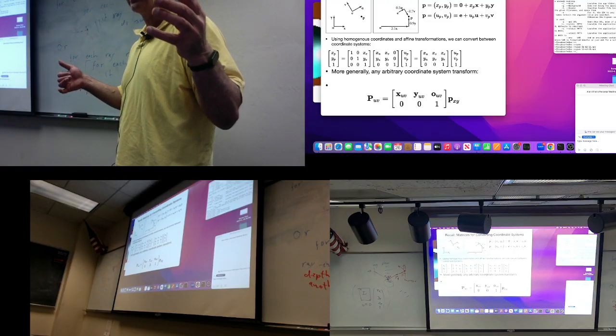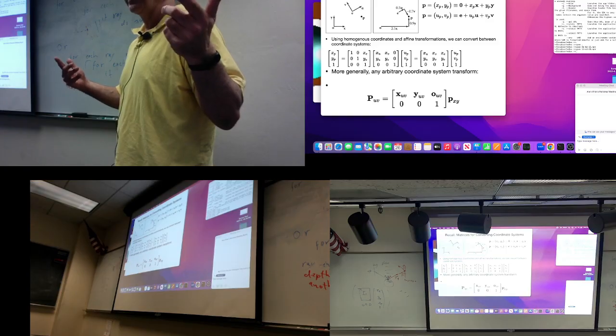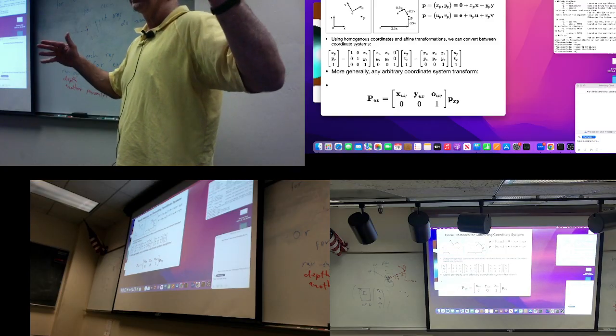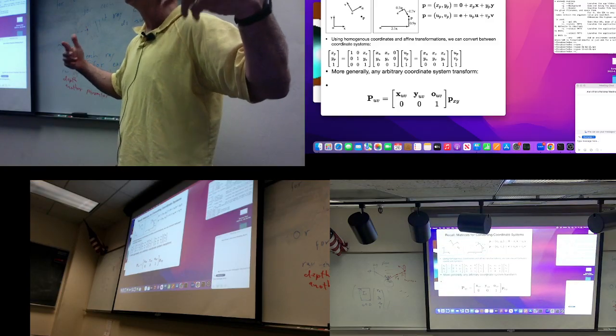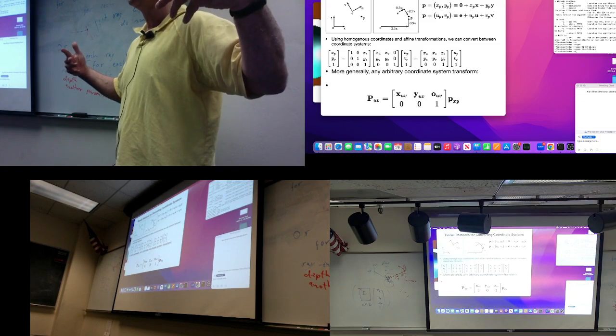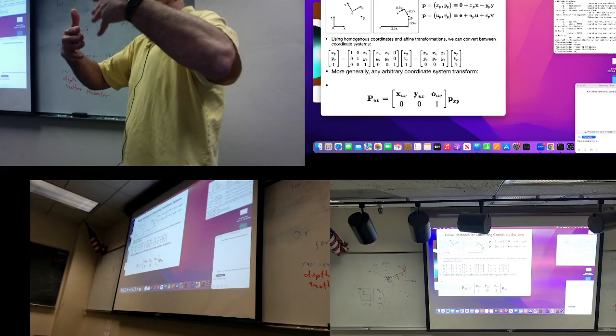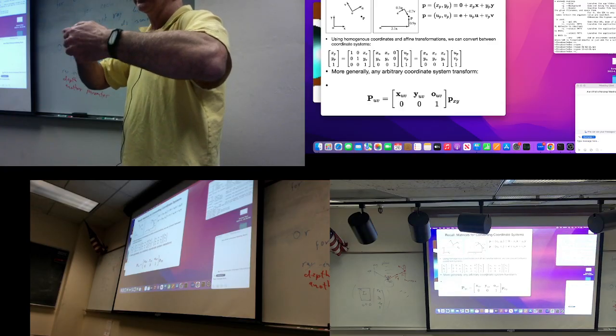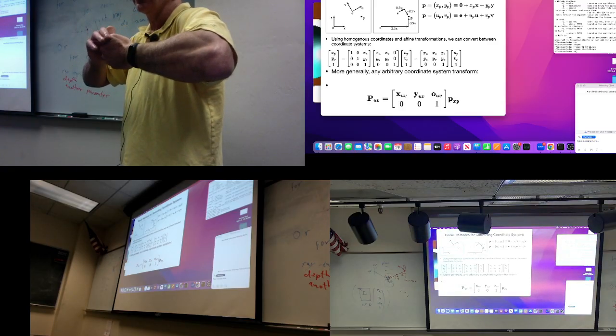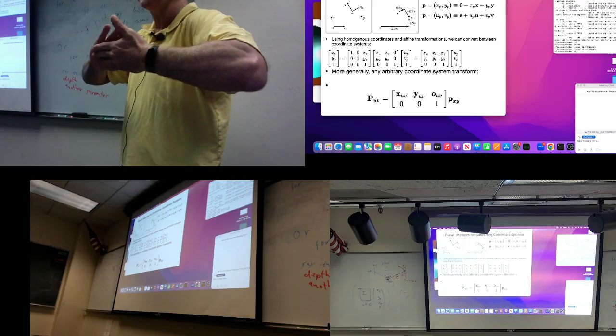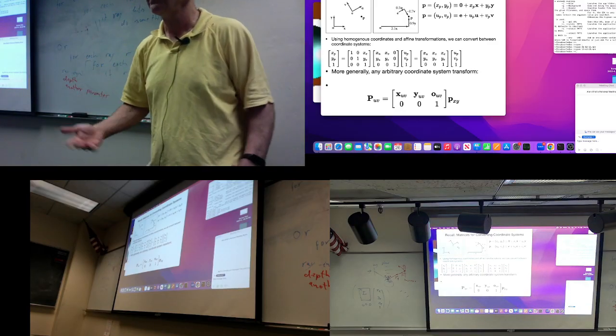If you're rotating by 30 degrees, then the inverse should be two matrices such that if I apply both of them one after the other, it takes a point and leaves it exactly where it was originally. So if I rotate by 30 degrees, the inverse is a rotation by minus 30.